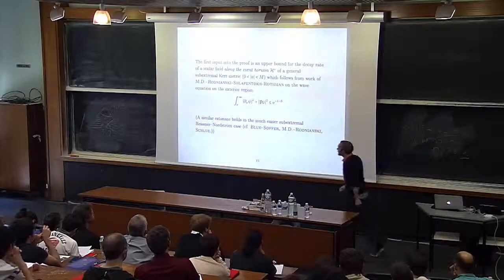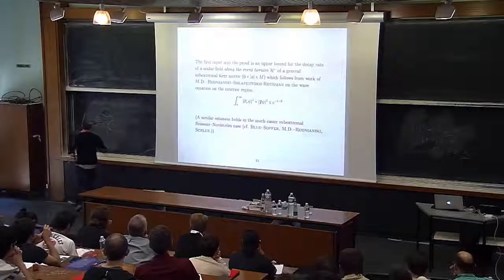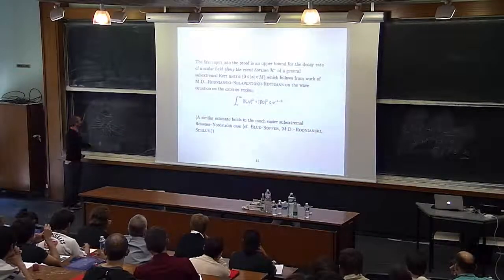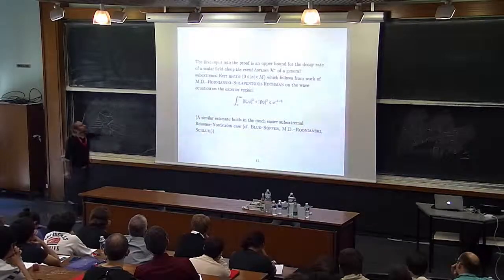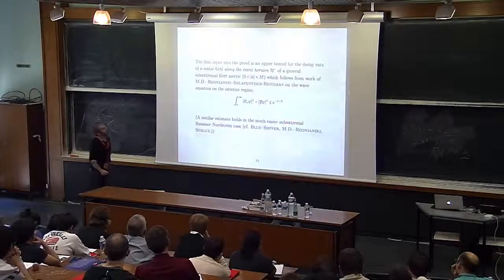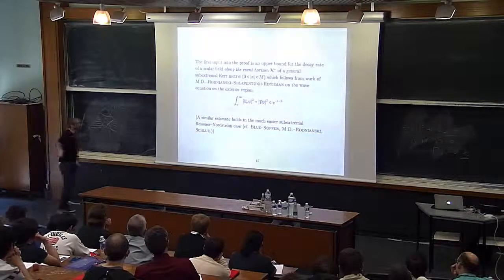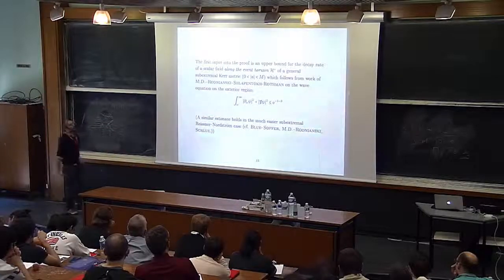The first element of the proof is the fact that we completely understand the exterior region, in particular up to and including the event horizon. This is, for the general sub-extremal range, a recent result of mine, Rodnianski and Shlapentokh-Rothman. And I'll talk a bit later about the prehistory of this later in the talk.